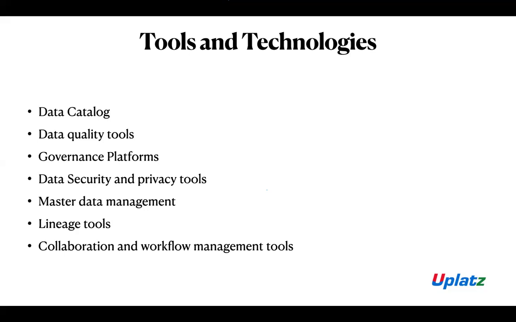These tools and technologies are essential for implementing data governance frameworks effectively and ensuring data quality, privacy, and integrity. We'll look at a few of the concepts, recent developments, and examples in this area. First, we'll talk about the data catalogs.